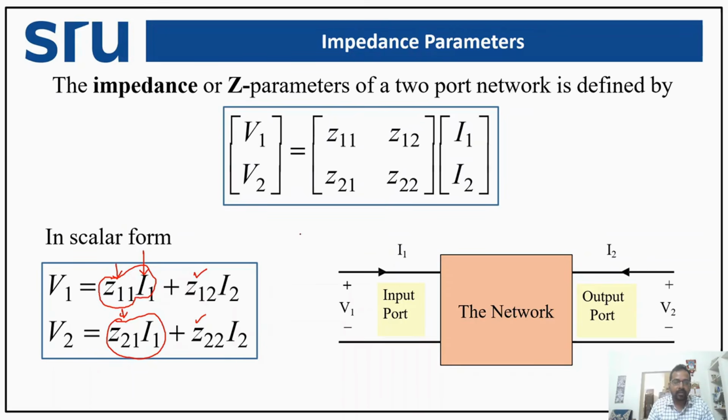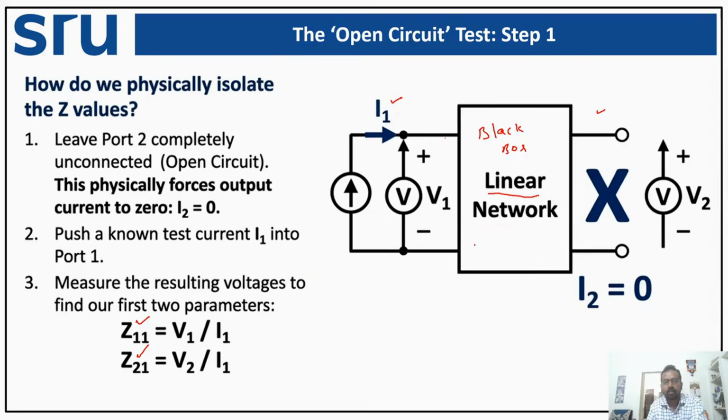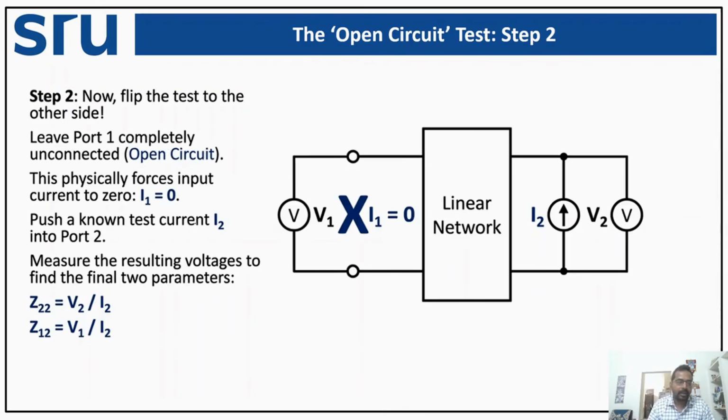As a result, we will have V1 equal to Z12 I2, and V2 equal to Z22 I2. So as a result, we are going to have Z12 equal to V1 by I2 and Z22 equal to V2 by I2. So this happens whenever my input port current I1 equals 0, that is, we are trying to open the input port. This is how we get the parameters Z11, Z12, Z21 and Z22.